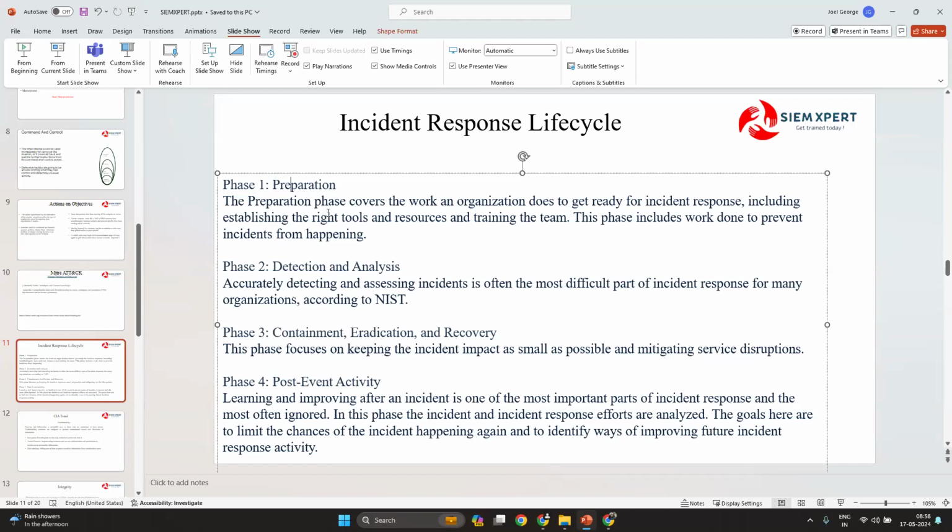Let's say policies are put in place. User awareness trainings are given. Policies such as technical controls or administrative control policies, like a user access control policy, or an acceptable use policy which states what a user can and cannot do.